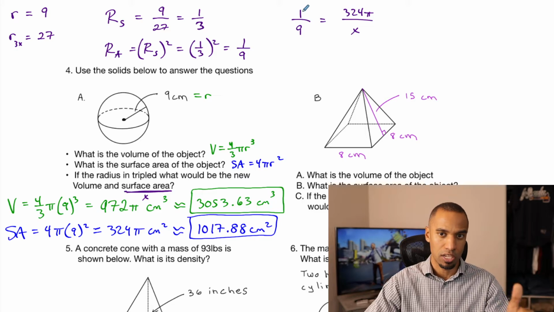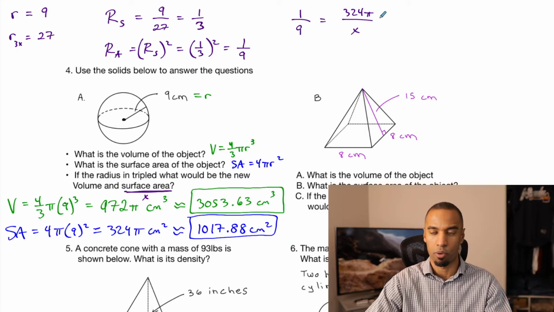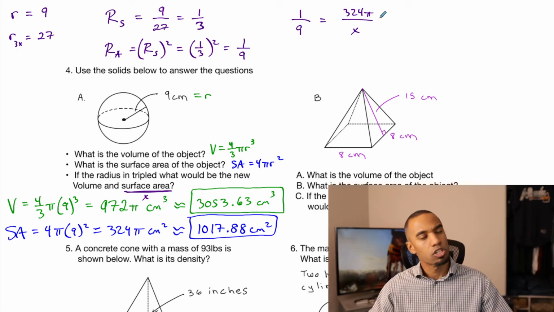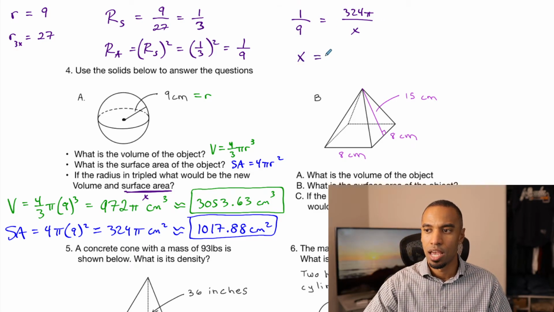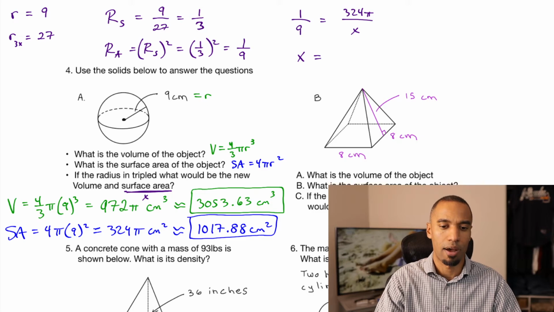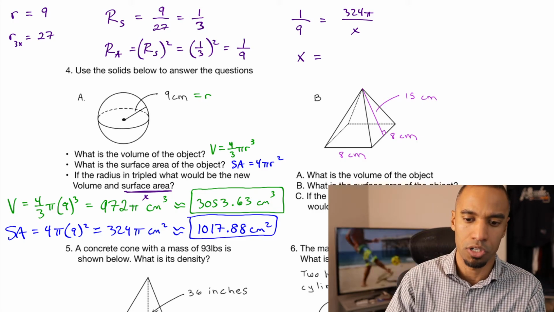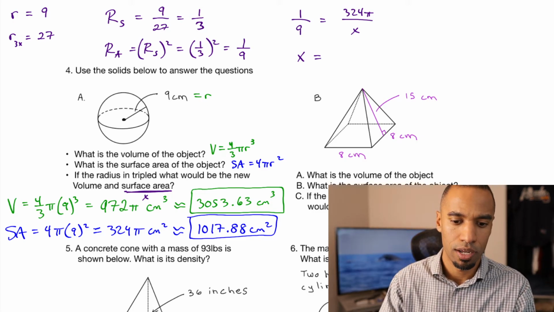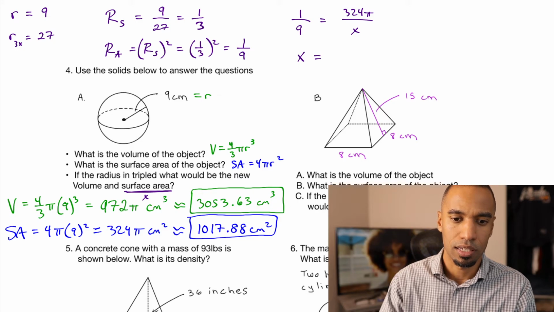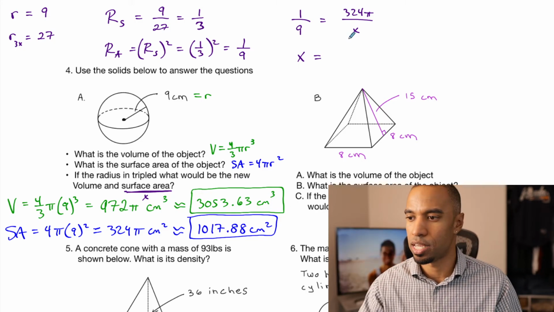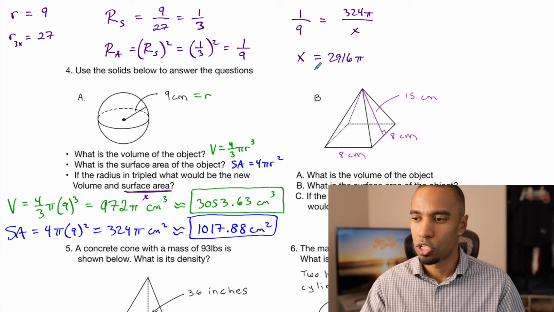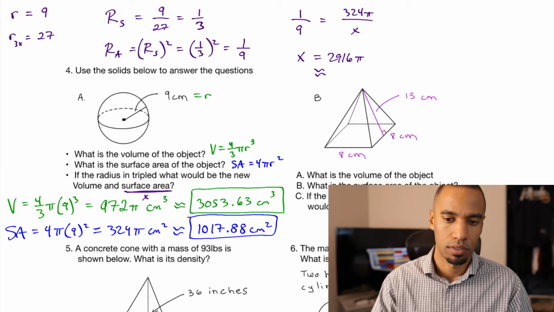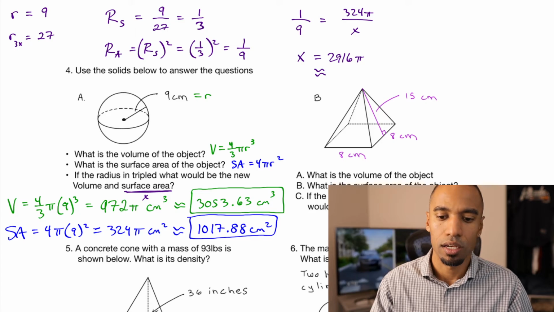That's the proportion that I set up: 1/9 is 324 pi over X. Cross multiply, X times 1 is X, 9 times 324 pi, that's the goal. Make it 9 times larger. 324 times 9 gives me 2916, so I get 2916 pi.